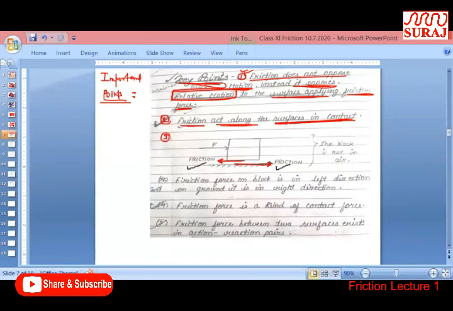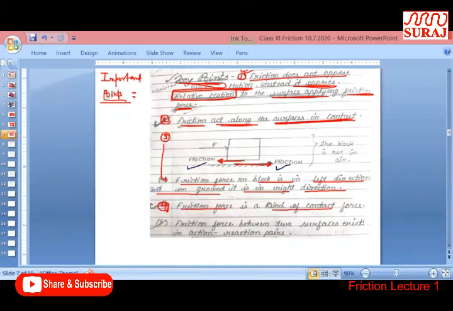This is the direction of application of friction force, which is seen here also. Come to the next point. Or first, the third point only is written. Friction force on the block is in left direction and on ground it is in right direction.